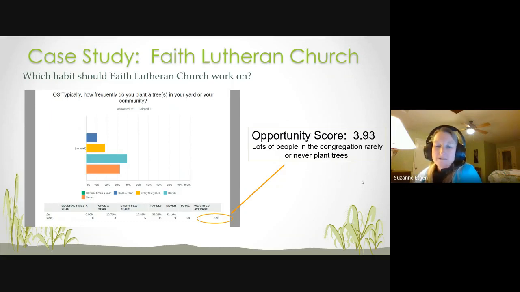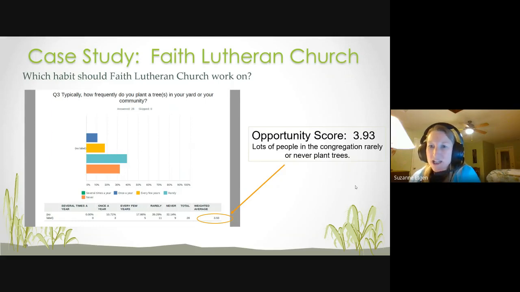So all you have to do is take the number off the page. So this survey gave us an opportunity score for trees as 3.93. So that little circle is where I got the number. So it automatically calculates it on SurveyMonkey, which is really great.